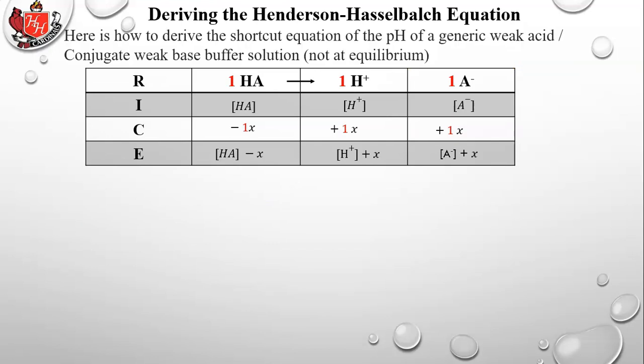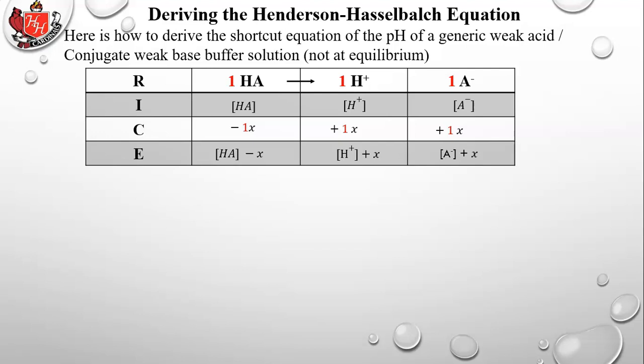Okay. Now, here is how to derive the shortcut equation of the pH of a generic weak acid conjugate base buffer solution not at equilibrium. So now we're dealing with a situation where you do have both the weak acid and its conjugate weak base. So if we look up at the initial line, you have your initial acid, then you have some hydronium ions in solution, and then you have some conjugate base ions in solution also up on the initial line.